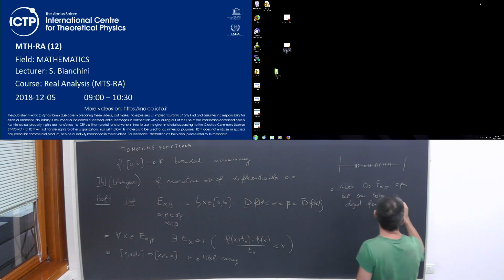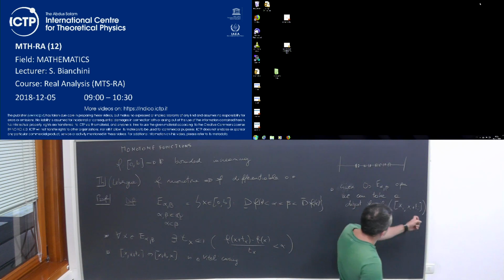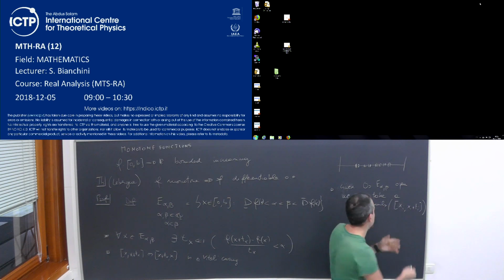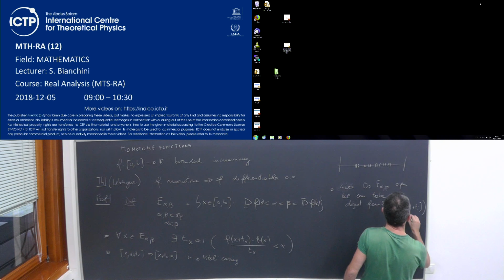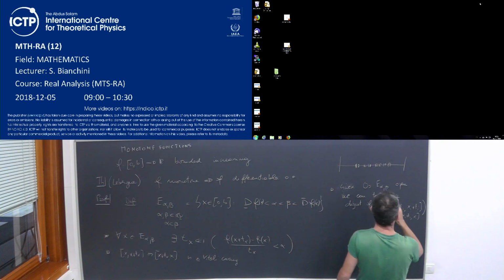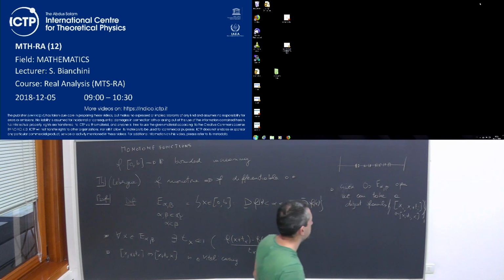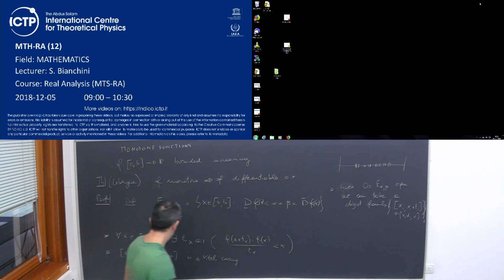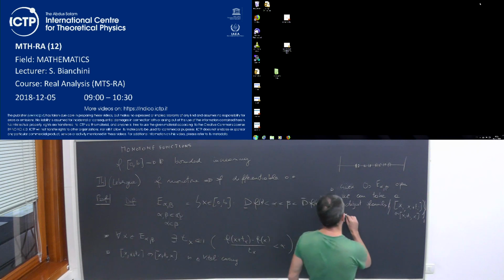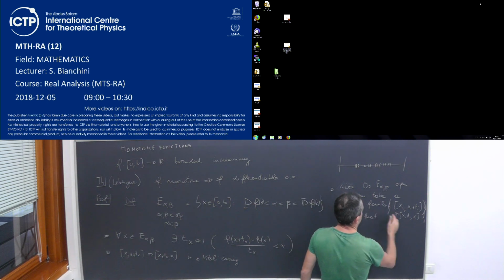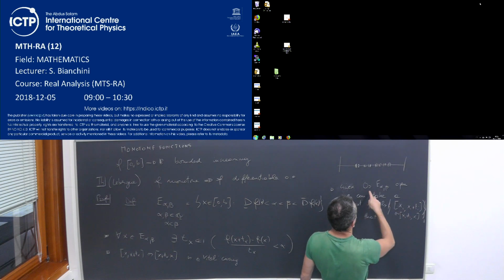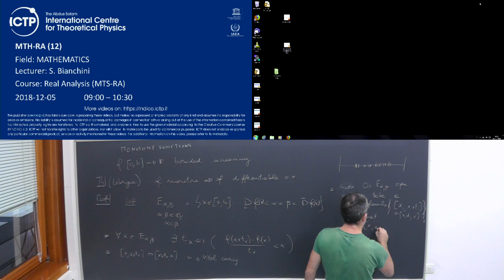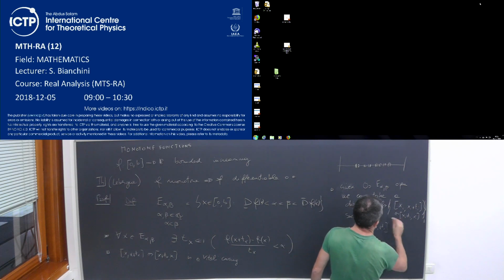Let's call these intervals I_i. These are the intervals x_i, x_i plus t_i. You see, if you decide on which side you converge, it's easier to write. Otherwise you have x_i plus t_i, x_i, depending on the sign. It is a countable family among these intervals such that, first, you require that all of them are contained in the open set O. Let's call this interval I_i, the one that I choose.